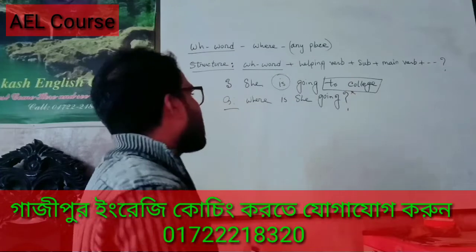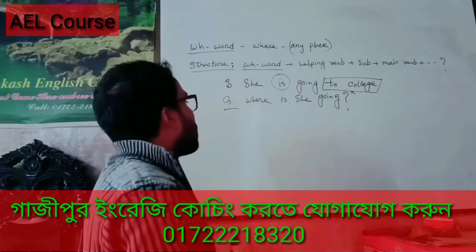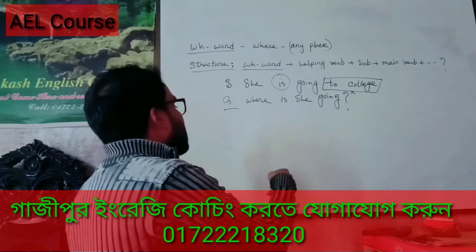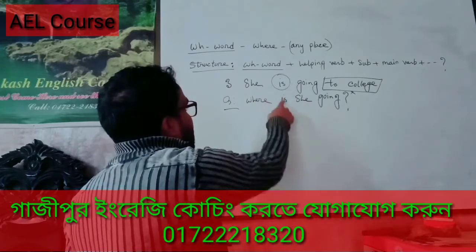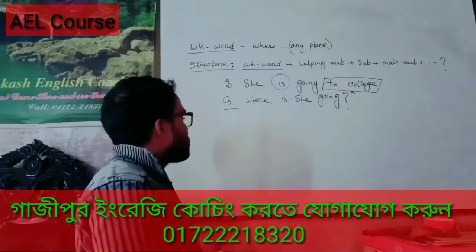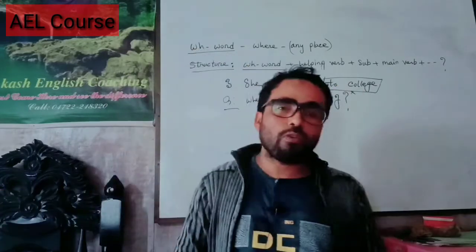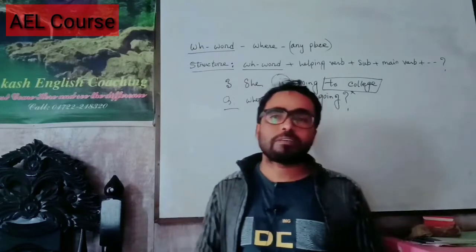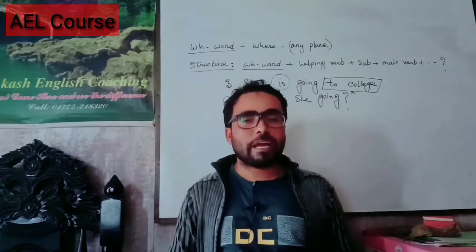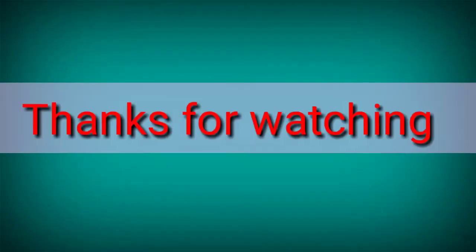The question will be: where is she going? And the answer is: she is going to college. When you find where in a WH question, you must mention a place in the answer.